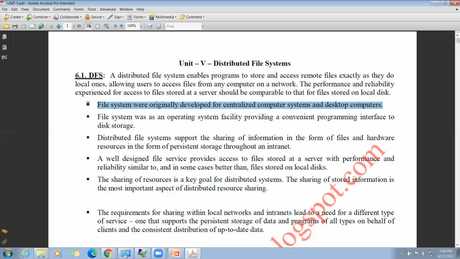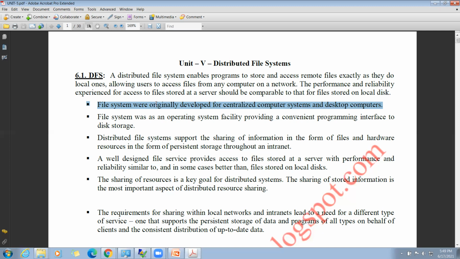Next point. The distributed file systems support the sharing of information and hardware resources in the form of persistent storage throughout an intranet.